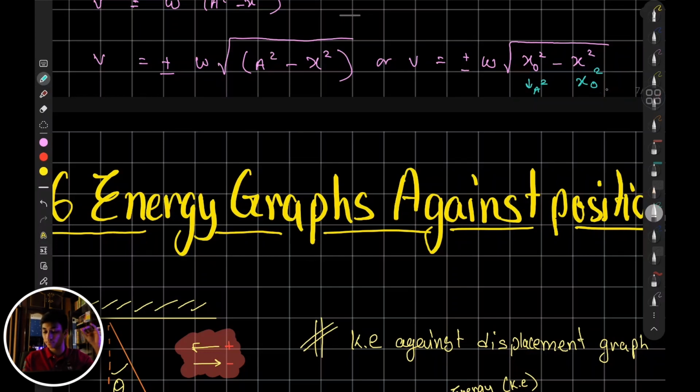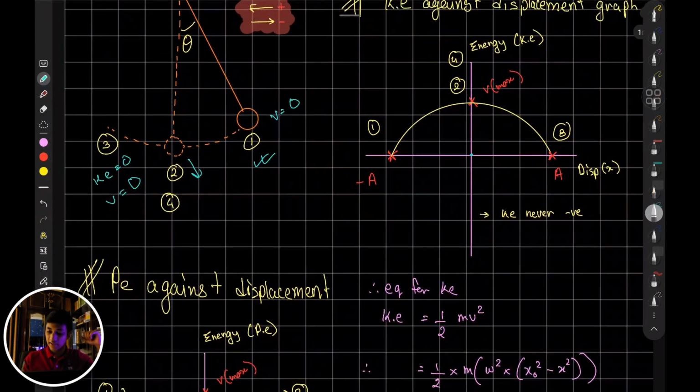What's it going to give? It's going to give you omega times 0. So velocity becomes 0. Great. So again, at position 3, it is lying on the x-axis with a kinetic energy of 0.